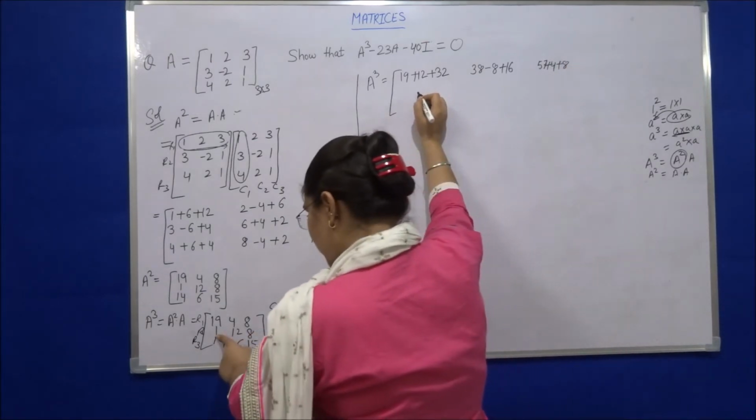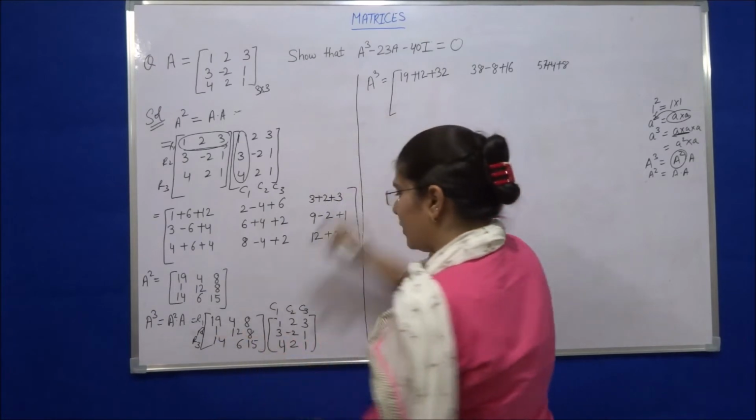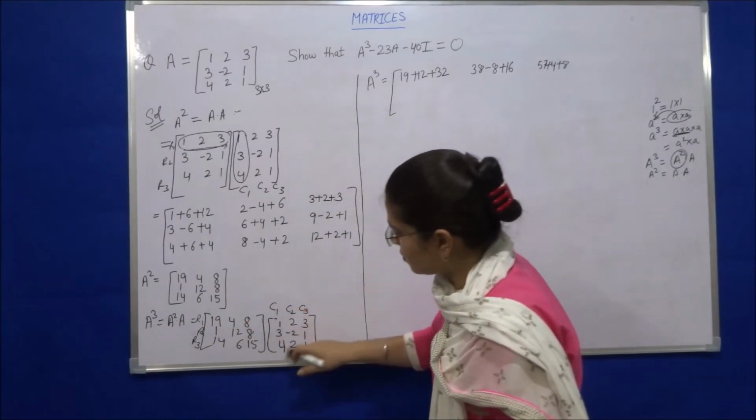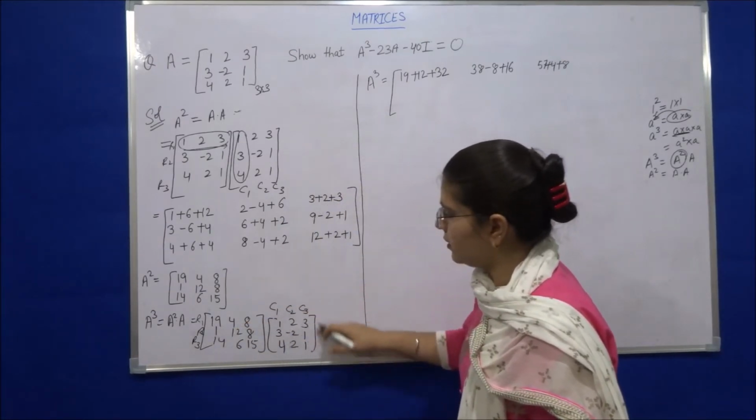Now again the second row will be multiplied with the first column and then the second column and then the third column.